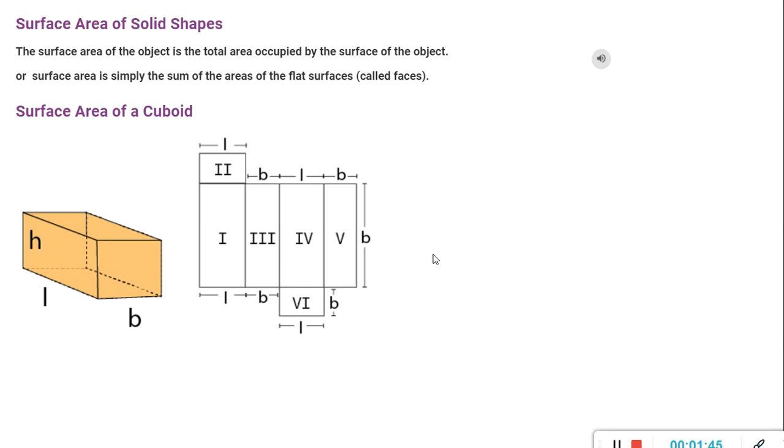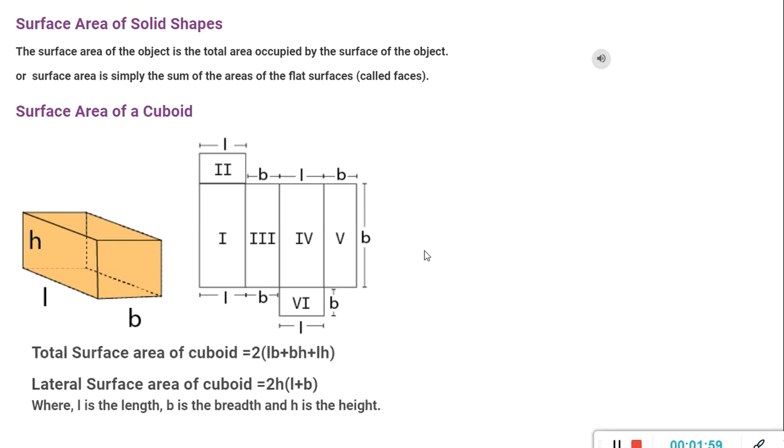So if we add together, we will get 2 length breadth plus 2 breadth height plus 2 length height, right? So from that we can take 2 outside as common. Then what is left inside? That is length breadth plus breadth height plus length height. So that is our area. Means the total surface area of a cuboid is equal to 2 into (length into breadth plus breadth into height plus length into height). Clear?